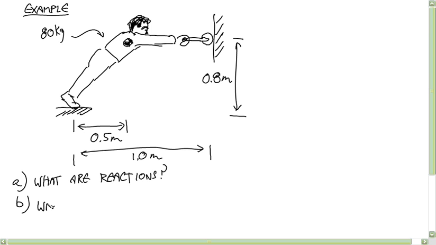And second, what's the coefficient of static friction required at the shoes for him to stay up? So reactions on wall and floor, you're saying? Yeah. Okay, so for the next 5 minutes, why don't you just think about that, try to sketch out a plan for solving this, and then when we come back next time, I'll go through the solution.